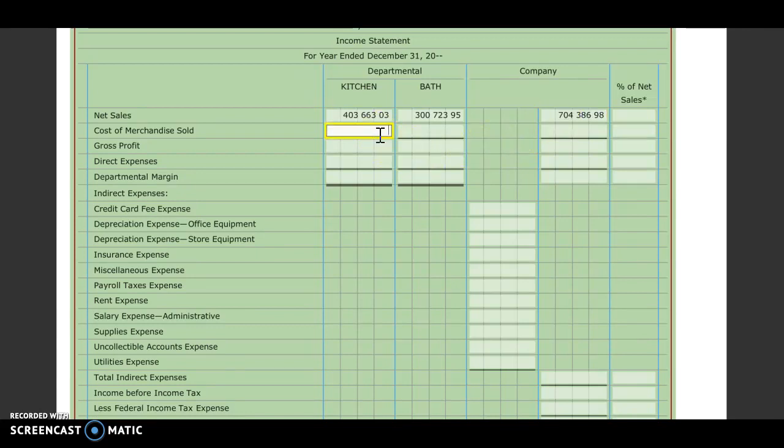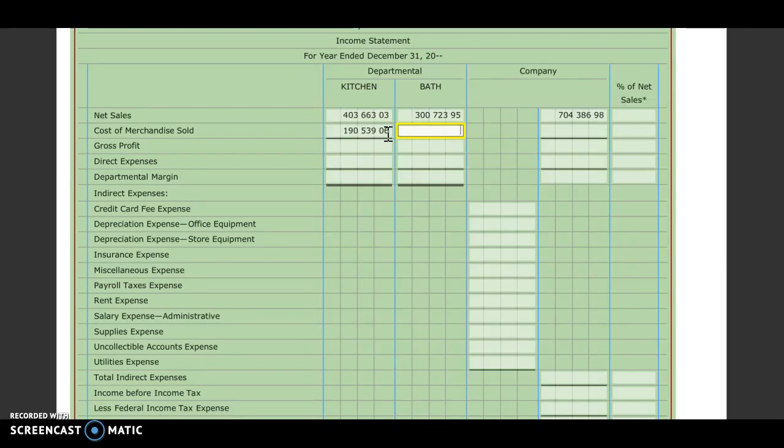Okay, next I'm going to have my cost of merchandise sold. Again, I'm looking at my departmental margin statement. I'm first going to look at my kitchen. Cost of merchandise sold is 190,539.06.